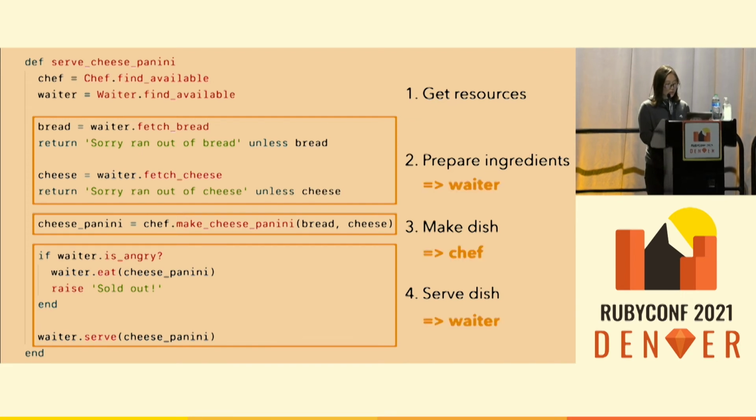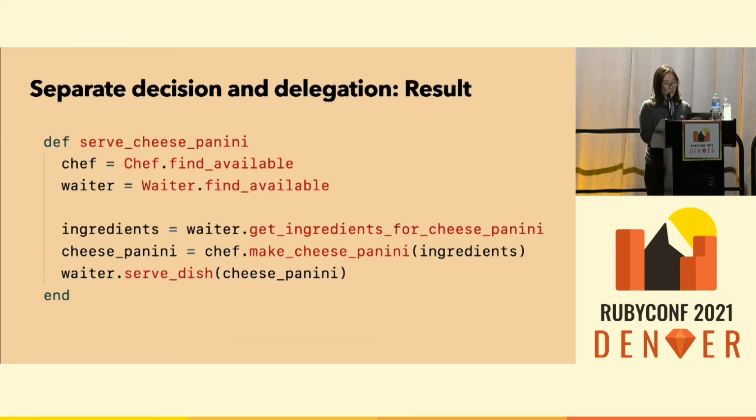So if we think about them, we can probably encapsulate those logic into waiter and chef classes. And if we do that, then the resulting code will be like this. Now this function reads: first find available chef and waiter, waiter prepares the ingredients, chef makes a cheese panini, and waiter serves.